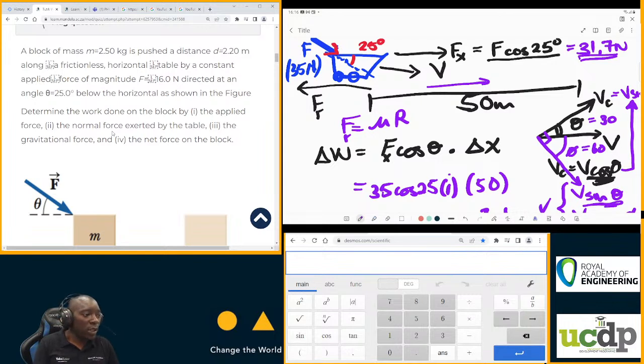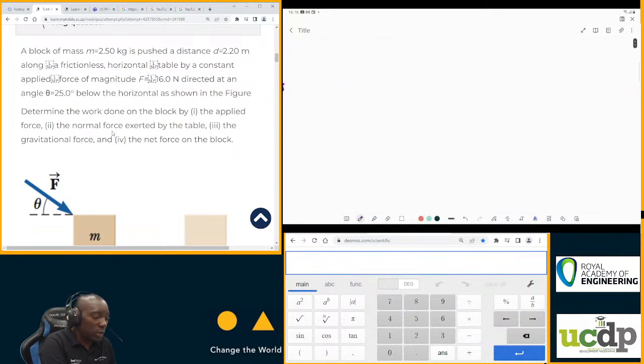Work done on the block is F cos theta. So let's have that.